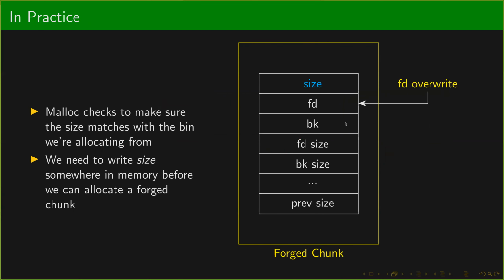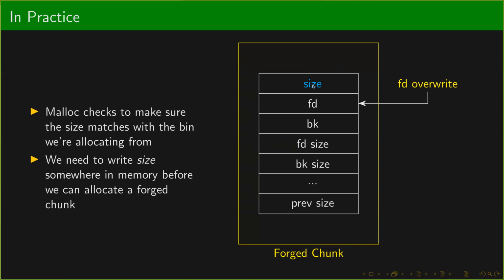Okay, so in practice, this doesn't quite work because malloc checks to make sure that the size member before the chunk matches the bin size that we're allocating. So if we're doing this exploit on the 0x80 fast bin, the heap expects this size argument up here to be 0x80.